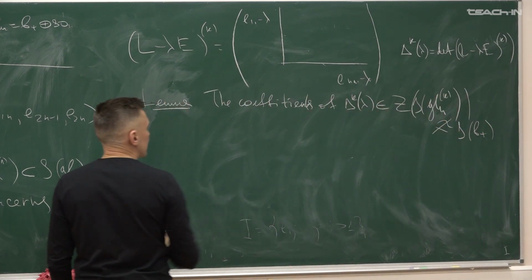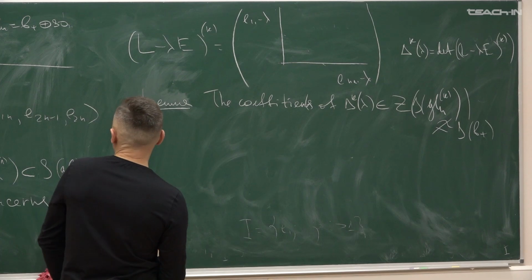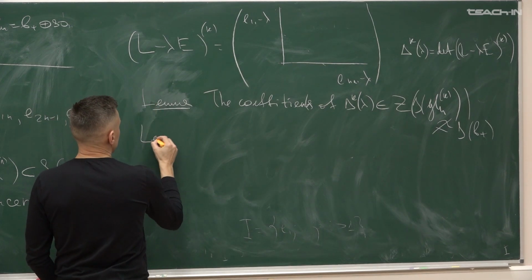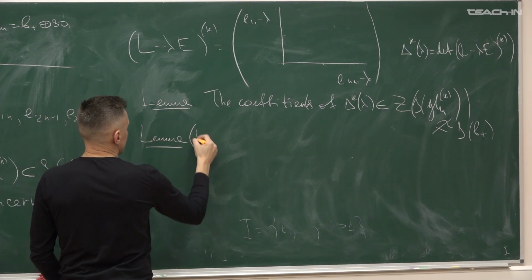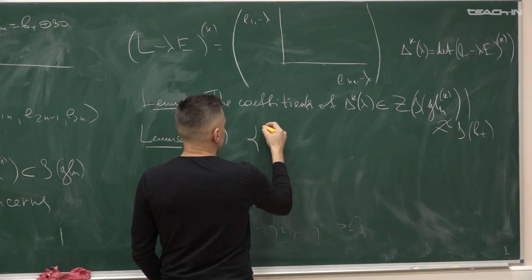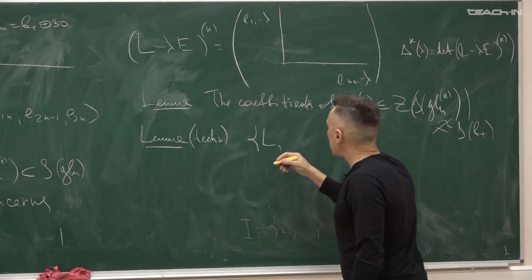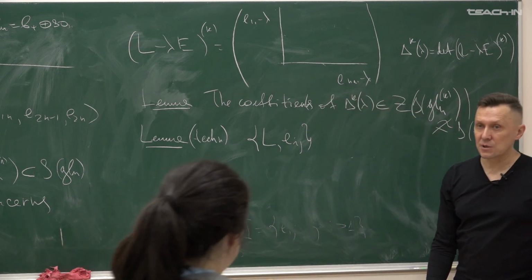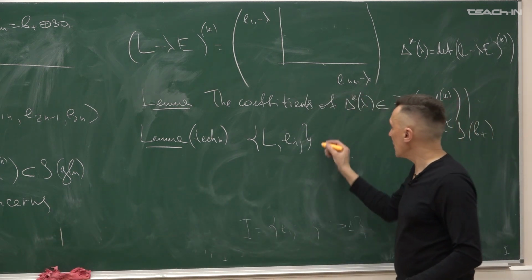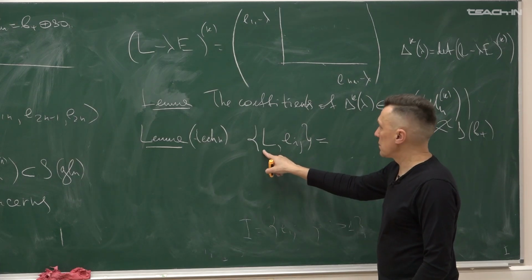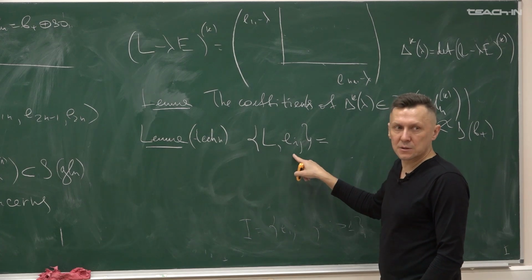But how to demonstrate this one? I need a technical lemma. If we consider our Lax operator and calculate its Poisson bracket with just the ij generator, do you understand the notation?